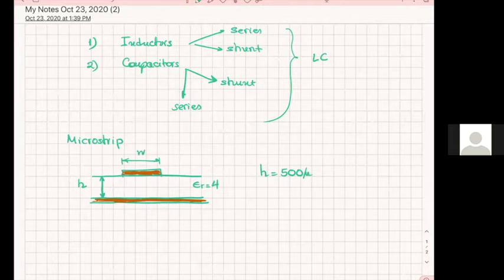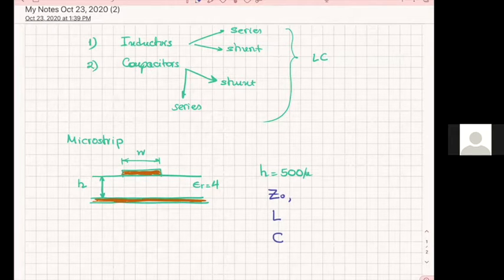W then is going to come as an outcome of a number of things. What is going to specify W? First of all, characteristic impedance Z0 specifies W for sections of lines. The L value is going to specify the width of the microstrip for that section that has to provide an inductance. Your C also is going to specify your W for a section that has to provide a capacitance.